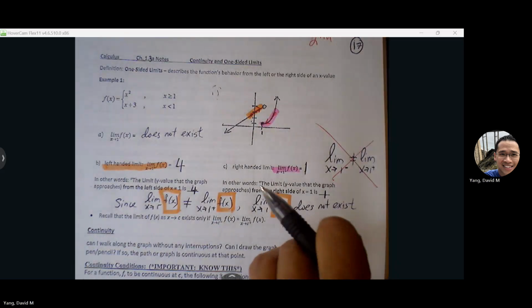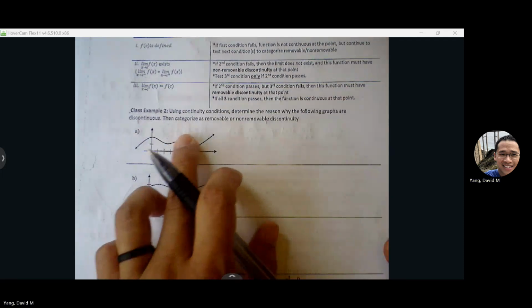Okay, so let's try example 2 together. Categorize as removable or non-removable.